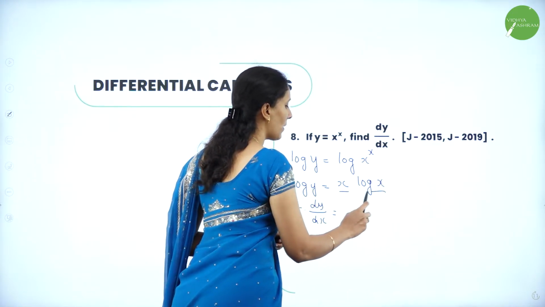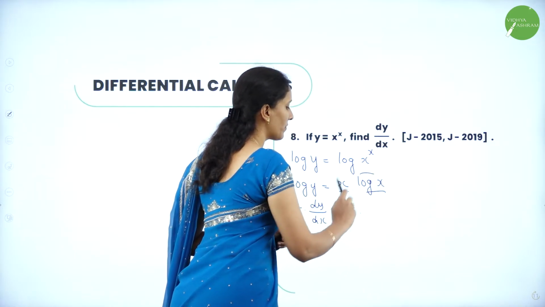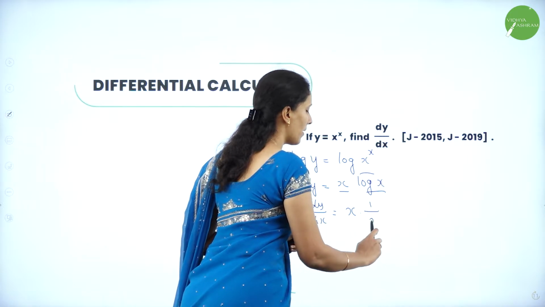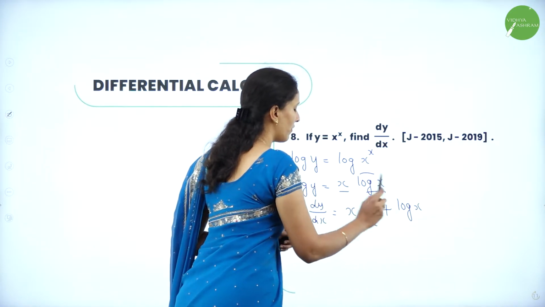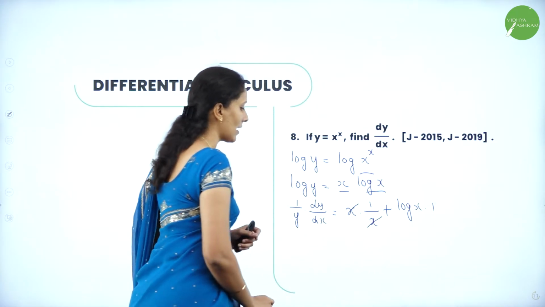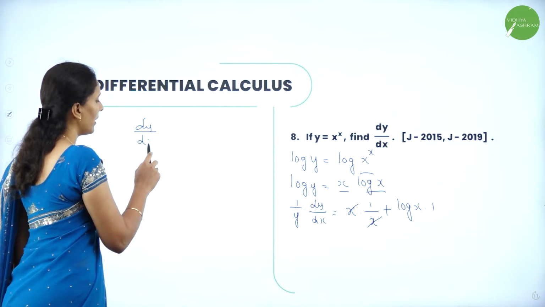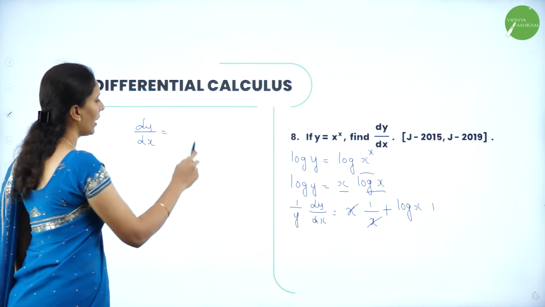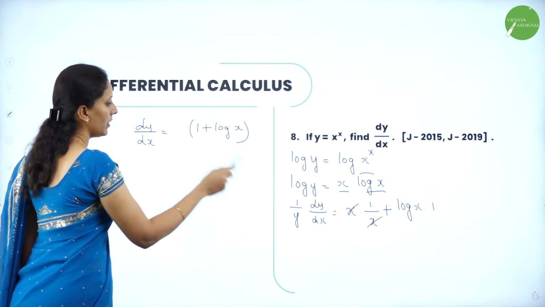Now, here let us apply the product rule. First function into derivative of second, that is log x, 1 by x, plus second function into derivative of first, that is derivative of x is 1. So, here x and x get cancelled. I can write here dy by dx is equal to, there you will get 1 plus log x into y.